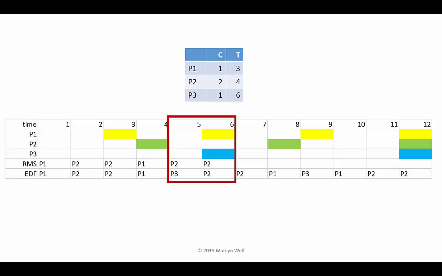We can see the critical part of the schedule right here. At time 5, RMS schedules P2 because that has the highest priority in a static priority system. However, EDF schedules P3 because P3 is closest to its deadline at T6 here. So that allows P3 to finish.